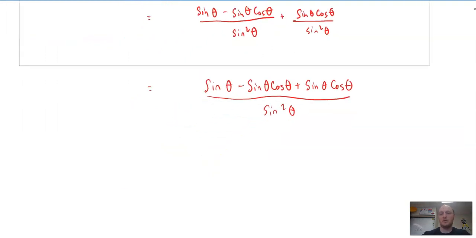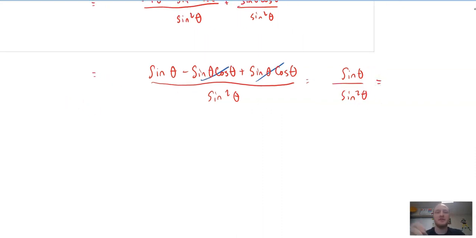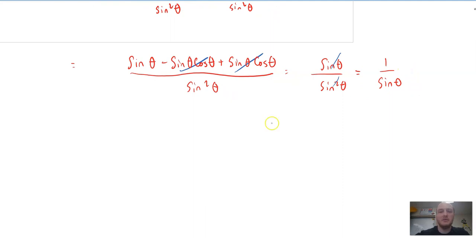So what happens? Well, notice that these two terms are opposites, so they cancel. And we now have sine theta over sine squared theta, which after this cancels, we get 1 over sine theta, which is equal to cosecant theta.